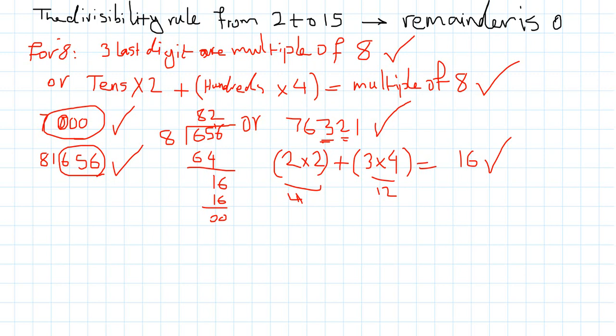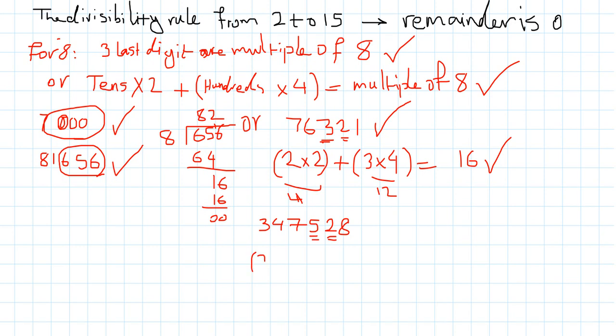Another example. We have this number 4, 7, 5, 28. Okay, I find the 10th place value, it is 2, and 100th place value is 5.